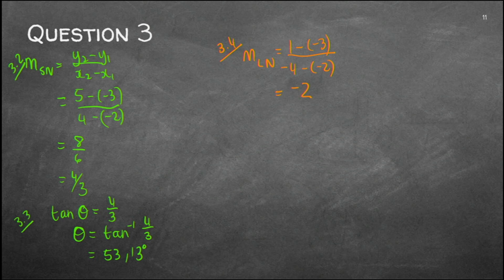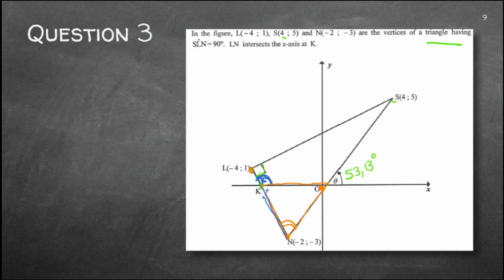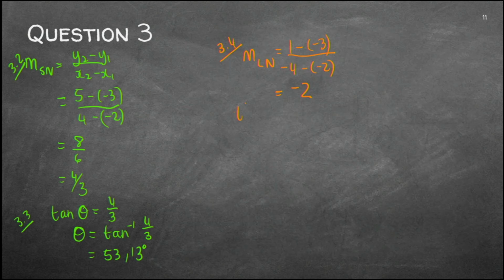So if I want to get that angle, the inclination angle, I will simply go back to the drawing. Let's just quickly make that K1 to make my life just a bit easier. So I will say that the tan of K1 is equal to -2.